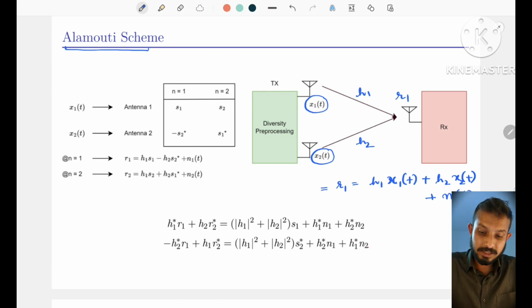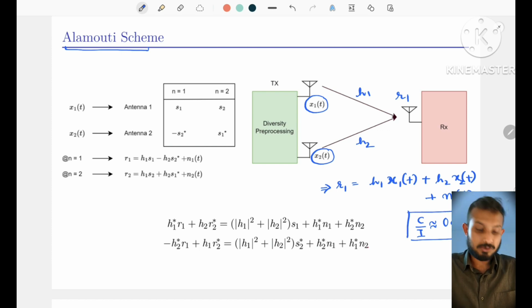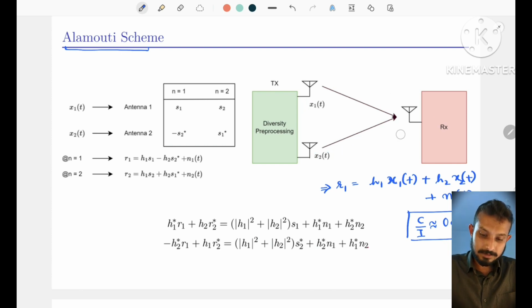This is the received signal when we transmit two different signals from the transmitter. If we send these two signals at the same frequency, they will interfere with each other. When they completely interfere, the channel-to-interference ratio is approximately equal to 0. So we will not gain any benefit when we just directly send the two signals. So Alamouti said, instead of directly sending the two signals, there is a way by which we can achieve diversity. Let's see that.